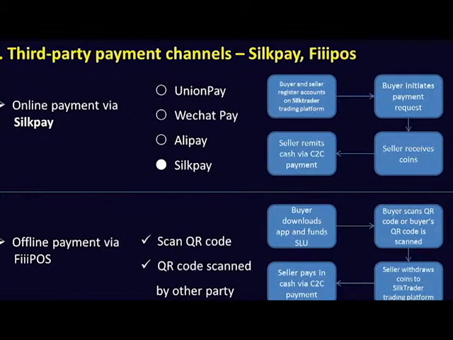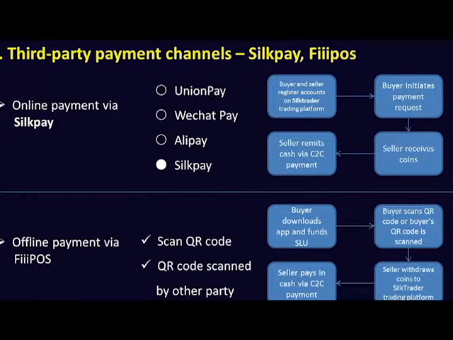So I would like to now talk about some of the payment channels, and this would include SilkPay and FiPos specifically. Most of you probably know about some of the mainstream existing payment channels such as UnionPay, WeChat Pay, Alipay, etc. It is now possible to carry out payments via our SilkPay feature.